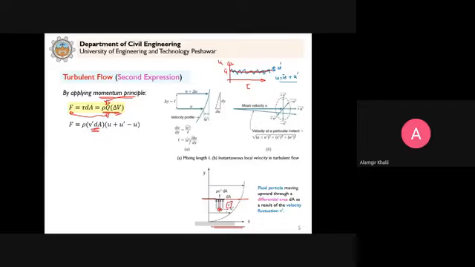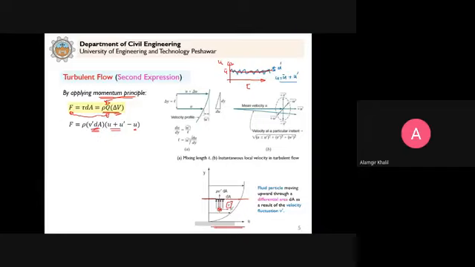Now the velocity at this point, for example, we have u at one point, and when it moves to another point, then it is u plus u dash. You can see, delta u equal to u dash. So the final velocity will be u plus u dash, due to the fluctuation, minus u. Clear? That it has in this lower layer.